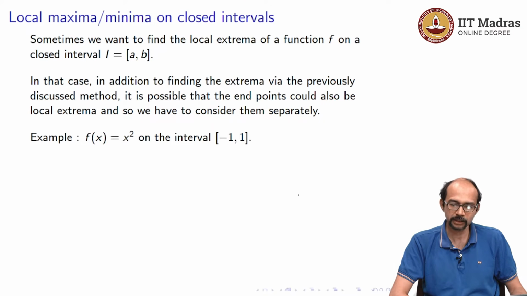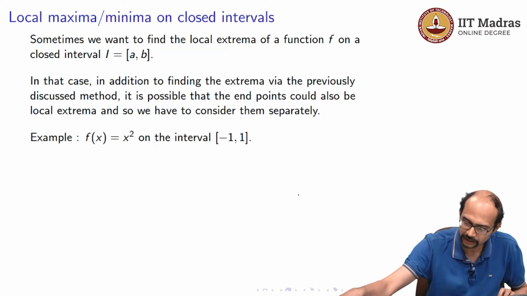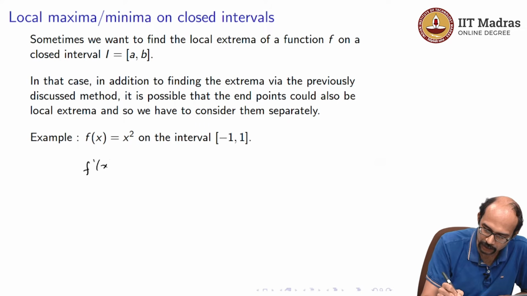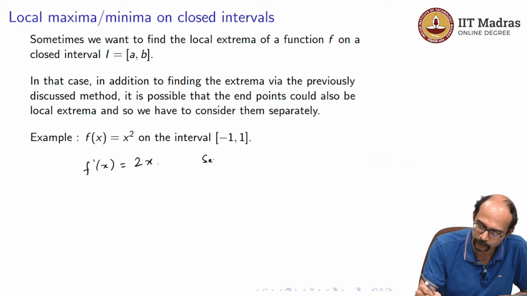So, let us consider this example of f of x equals x squared on the interval minus 1 comma 1. If we compute the first derivative, this is 2x, set it to 0.